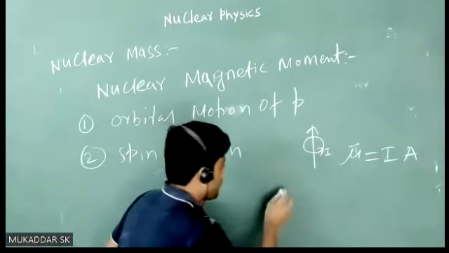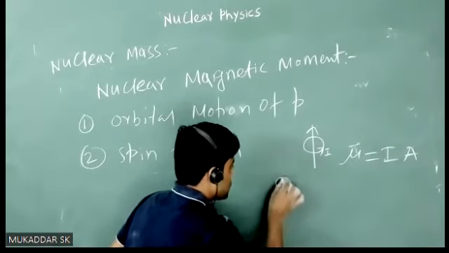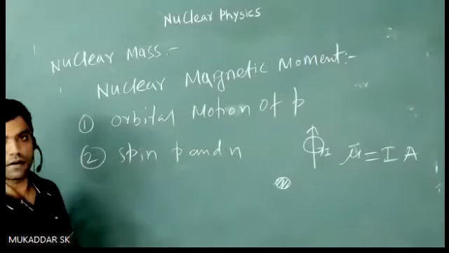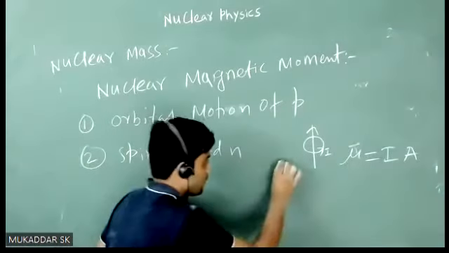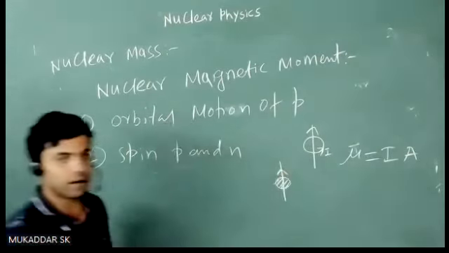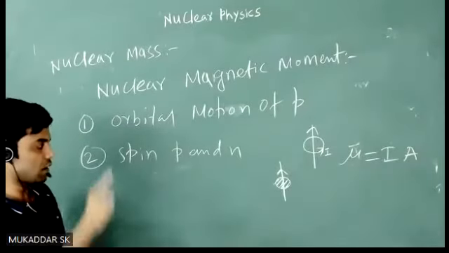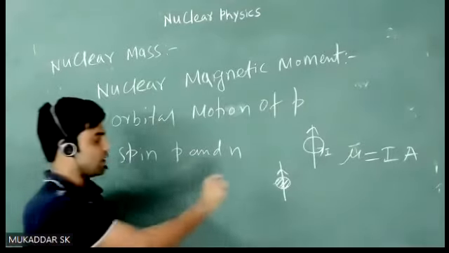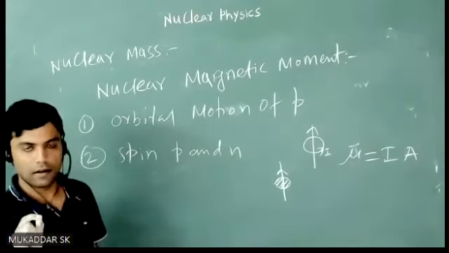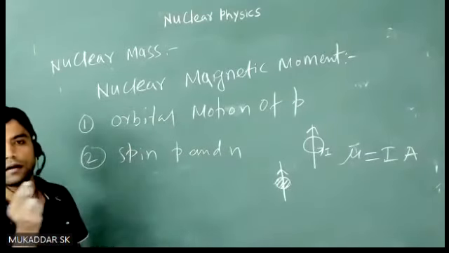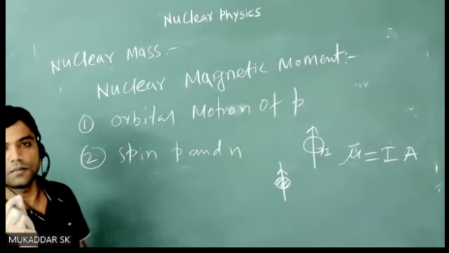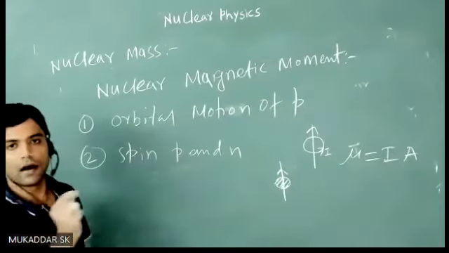So suppose you have a proton. Suppose this is your point particle. Everywhere inside that proton, it will have some charge, right? So when it spins about its center of mass, each point inside that proton will have some current, and each point is rotating or spinning about its center of mass.